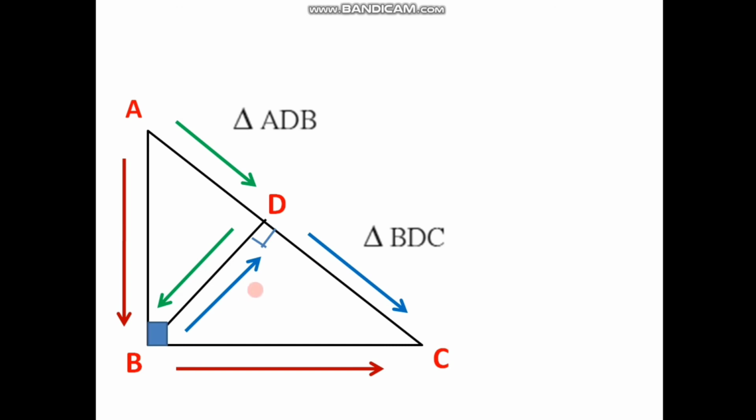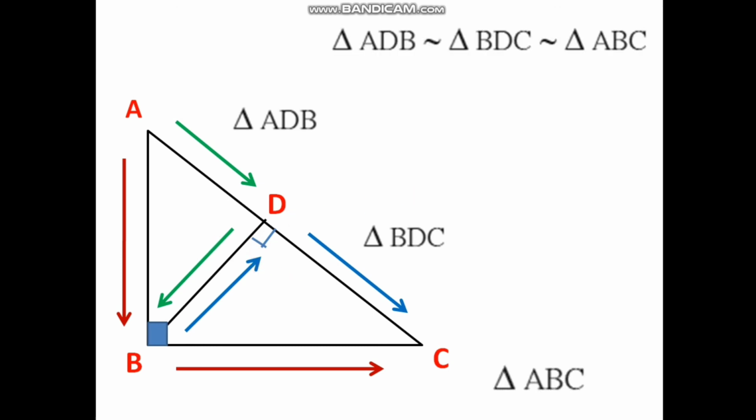This is the correspondence we must remember to prove the further theorems for which we need this property. From this property of similarity of right angled triangles, the three triangles formed are similar to each other: triangle ADB is similar to triangle BDC, similar to triangle ABC.